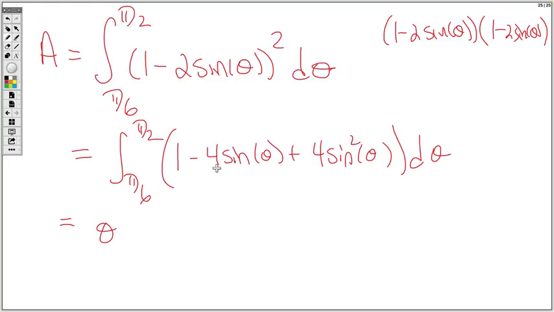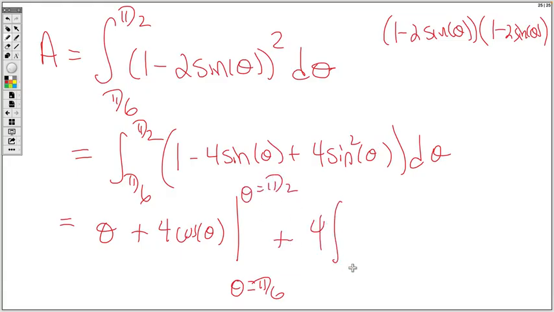Theta. Minus 4 sine theta integrates to what? Plus 4 cosine theta. And this is from theta equal pi over 6 to theta equal pi over 2, plus 4 times the integral from pi over 6 to pi over 2 of sine squared theta d theta.